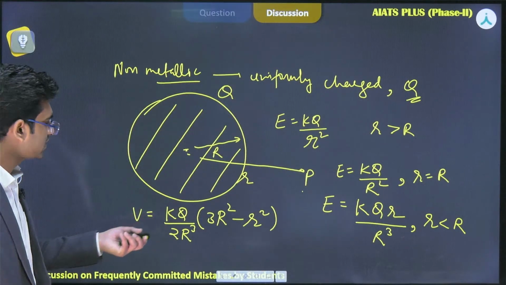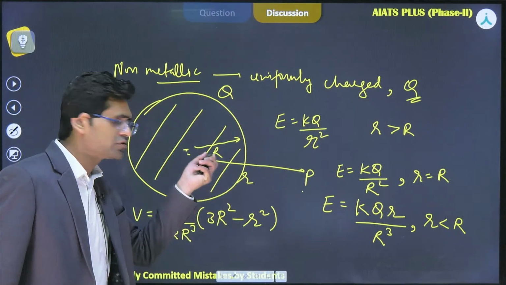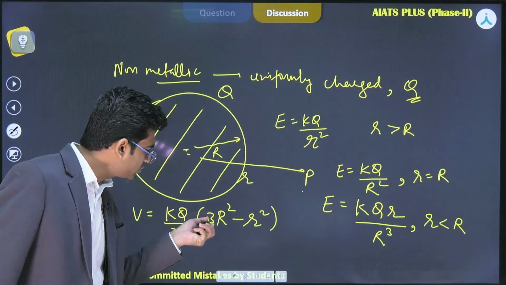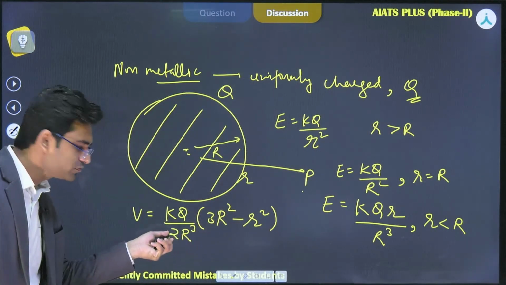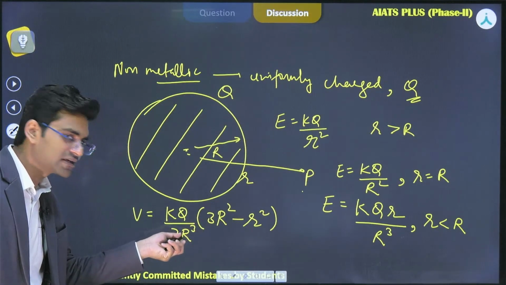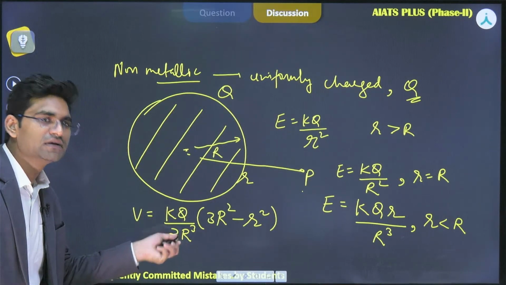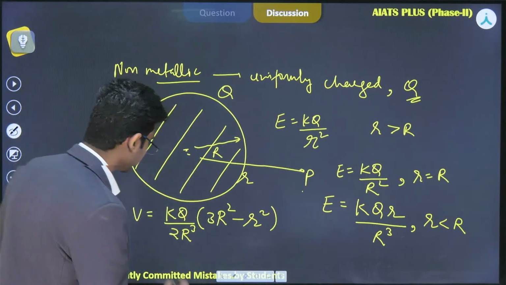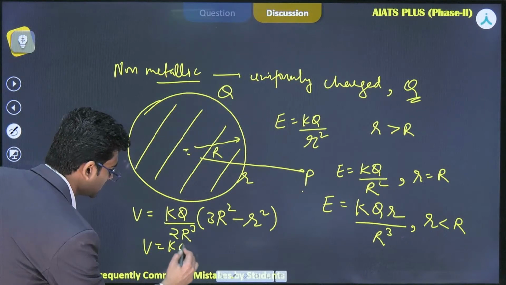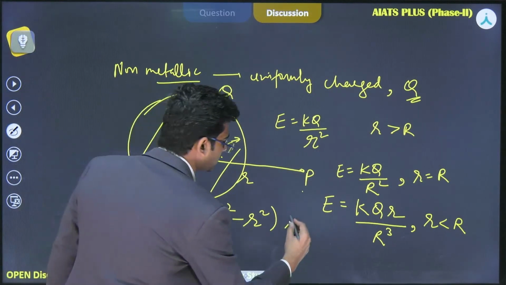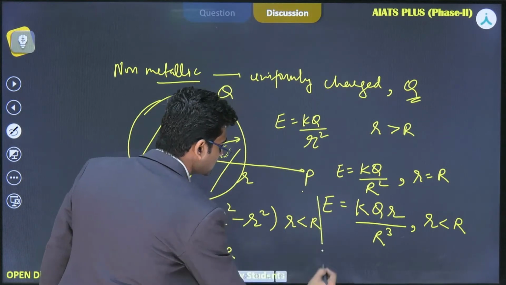Actually, you can verify this formula by putting small r equal to capital R. So if I put small r as capital R, this will become 2R square, right? This 2 and 2 will get cancelled out. R square will get cancelled with this R cube. So we are left with kq by R. That is the potential at the surface. So V is equal to kq by small r for r greater than capital R, and this formula is applicable for r less than capital R.